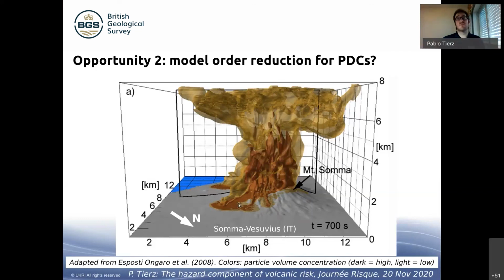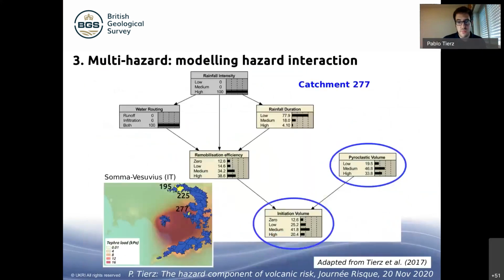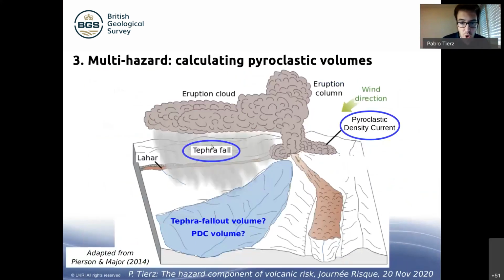But in order to quantify multi-hazard, you need to think of different ways of looking at the problem. That's what we tried to do with this approach: we model this process, and that allows us to quantify the lahar uncertainty in terms of the volume that's stored in each catchment.